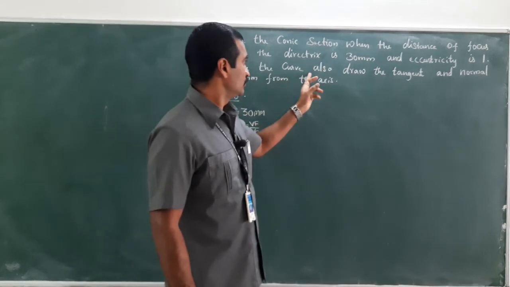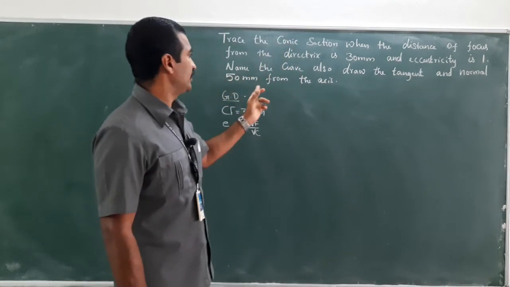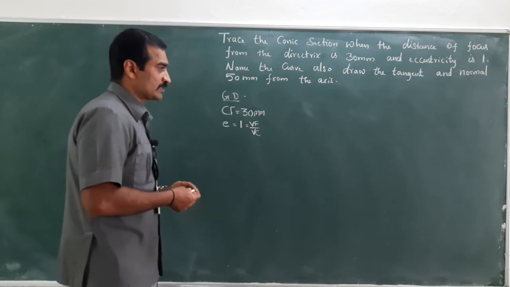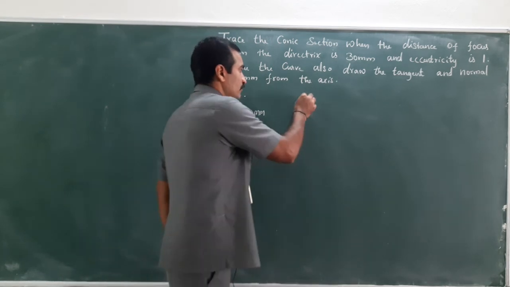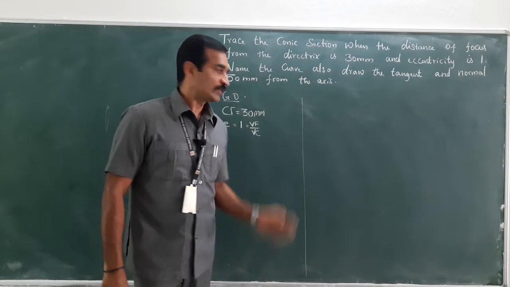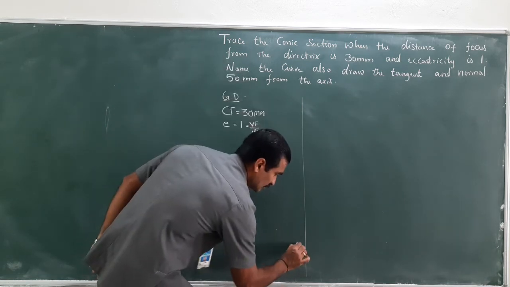Second, the question continues: name the curve. Also draw the tangent and normal 50 from the axis. Fine. Let me start the diagram. First, draw a vertical line which represents the directrix DD dash.